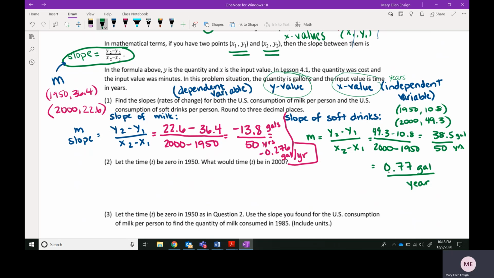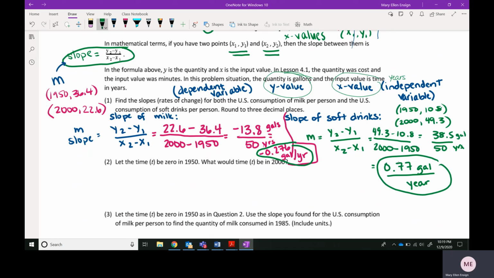Okay, if I were in class, I would stop here and have some discussion around why this one is positive. Think about what you would say if I asked you, how come this slope is positive? Maybe it helps to think about why this slope was negative. The slope was negative because the amount of milk consumed went down every year.